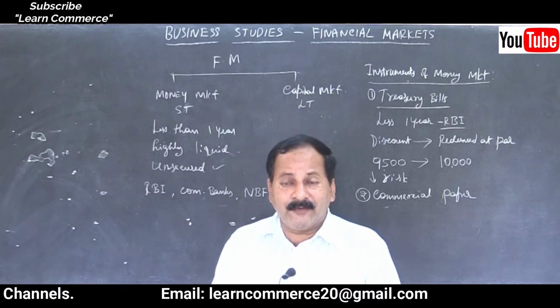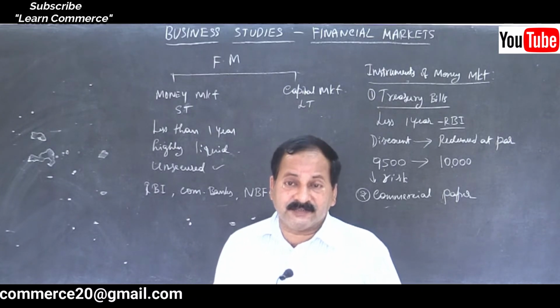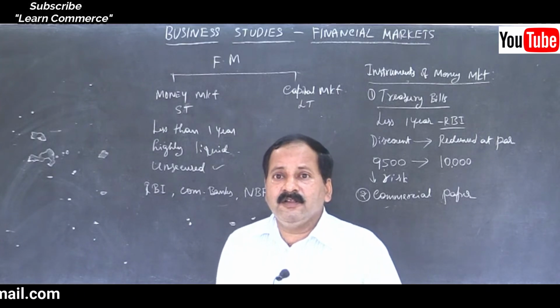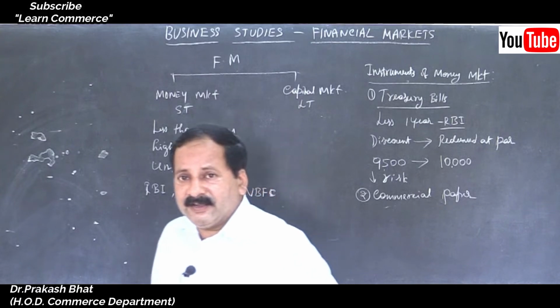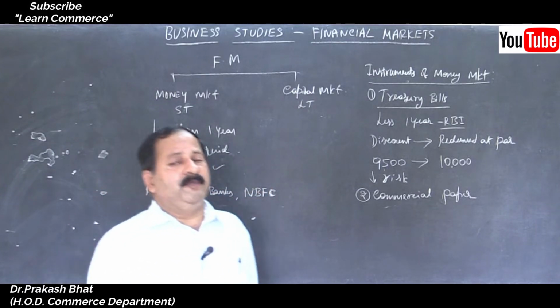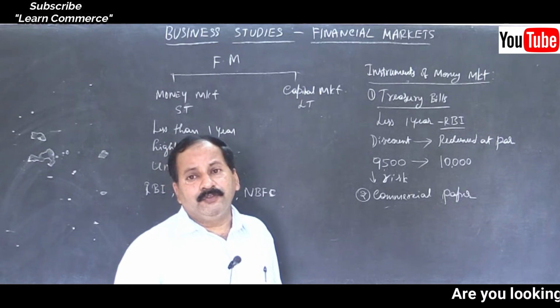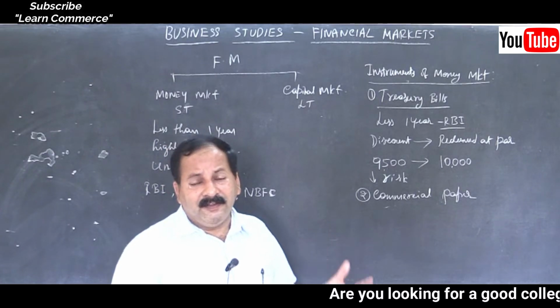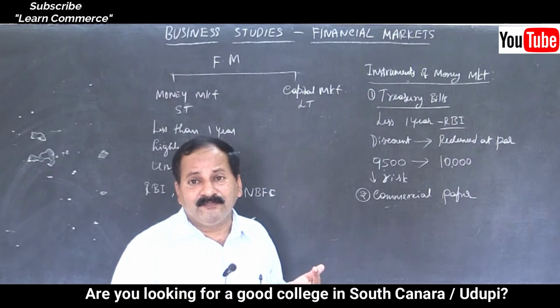Then giving the advertisement for that. We call it a prospectus in corporate terms, isn't it? That should be issued to the public. Underwriter's commission should be given, brokerage, everything should be paid. For those things, and approval is required for raising the money from the market.